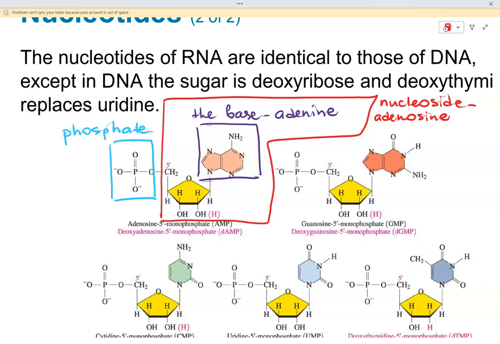So we talked about esters before that are formed between an alcohol and an acid. Okay? So phosphate pretty much comes from phosphoric acid. And I'm going to make acid capital. Okay?